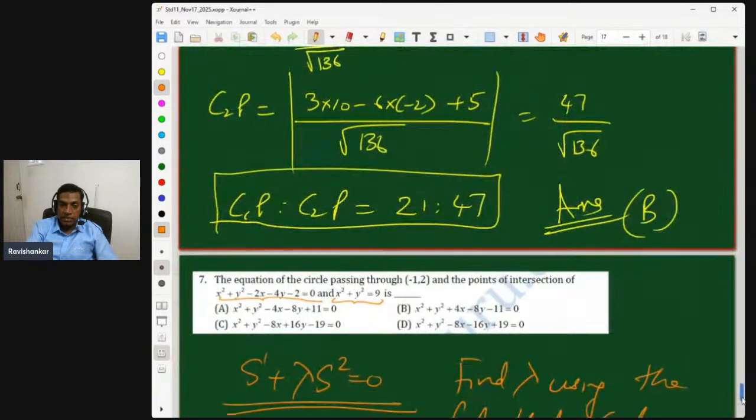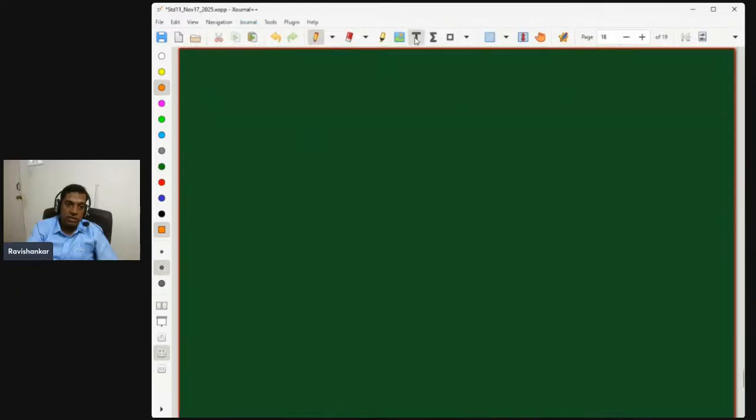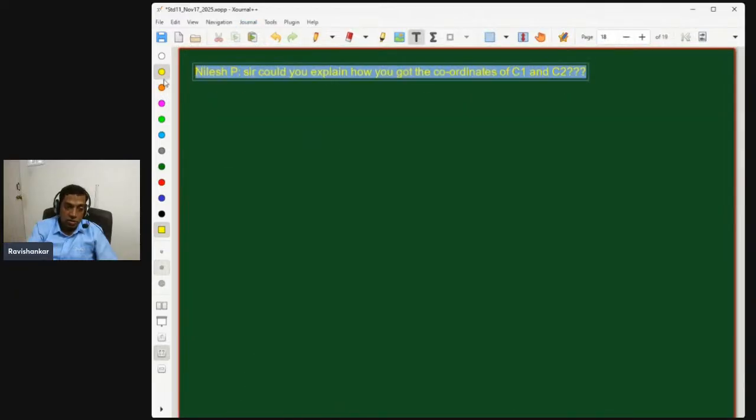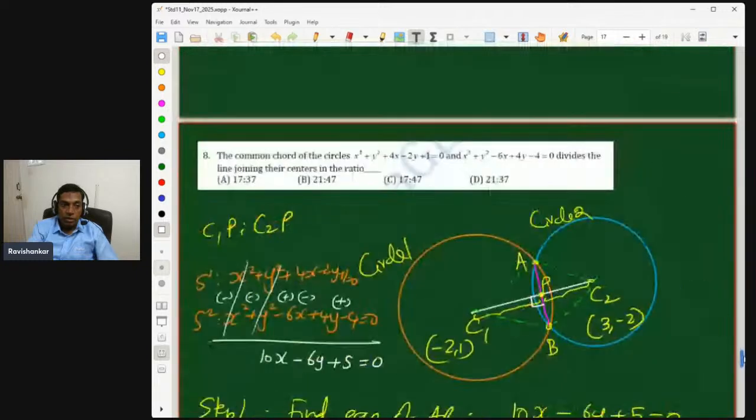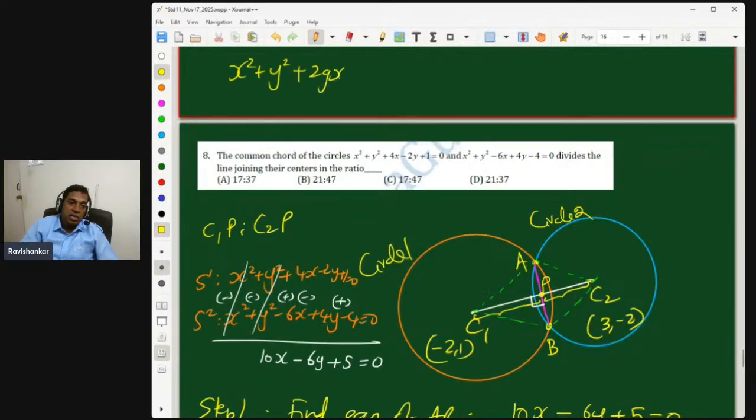Nilesh P has asked, could you explain how you got the coordinates of C1 and C2? Of course, it's given in the equation, Nilesh P. If you are given the equation of the circle, by now you should be familiar with this: x squared plus y squared plus 2gx plus 2fy plus c is 0.